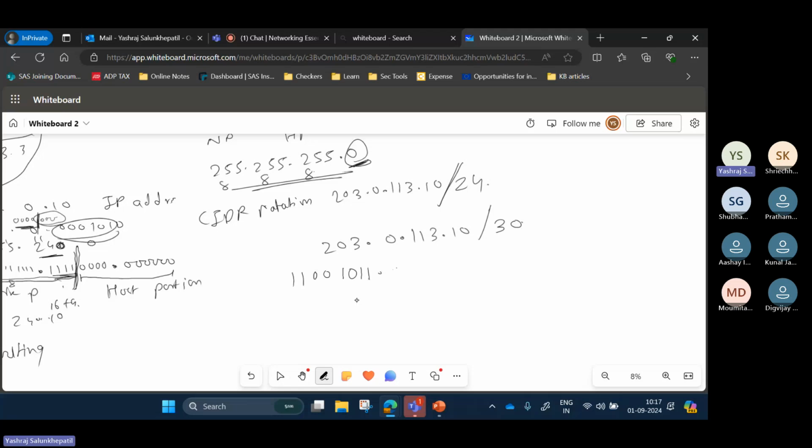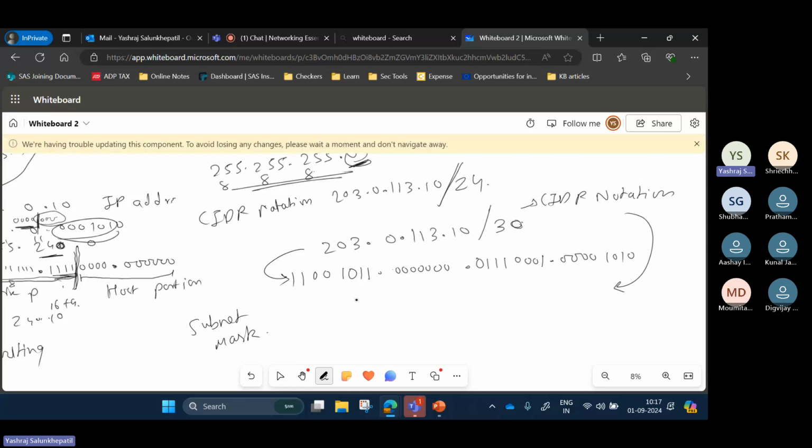Okay, we have all zeros. ठीक है, ये हमारा IP and this is the CIDR notation. This notation is what? To denote the subnet mask. ठीक है, what will be our subnet mask then?